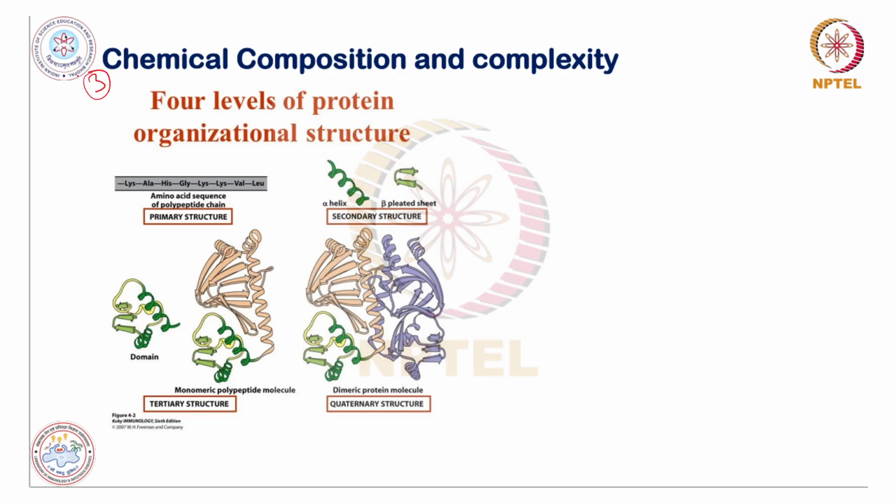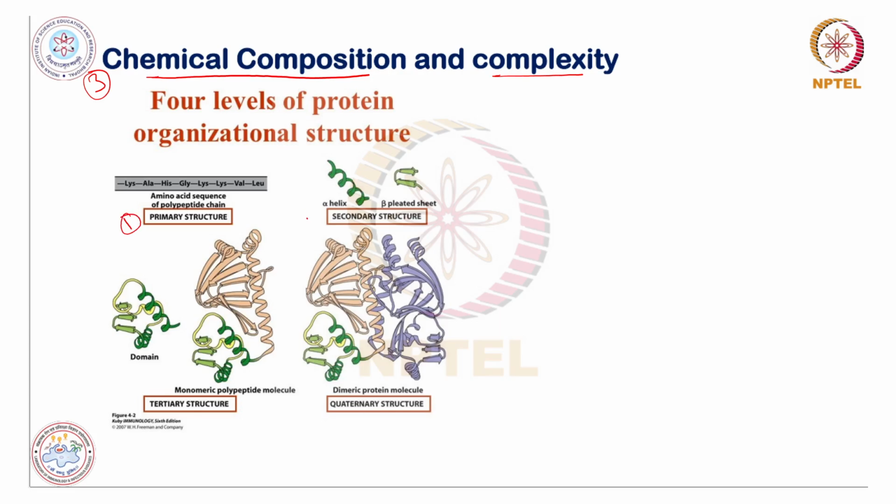The third property is its chemical composition and complexity. For a protein molecule, there are four organizational levels, four structural levels. I think you all have studied this in very basic biology, but I will summarize it here.